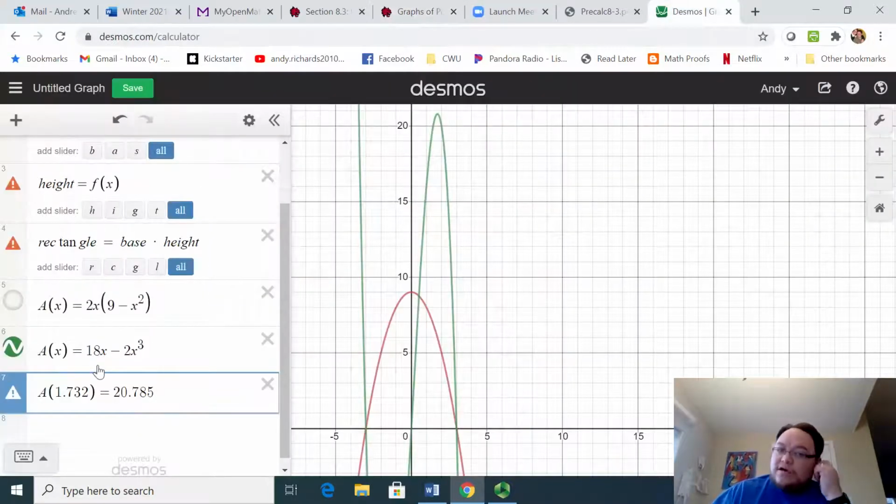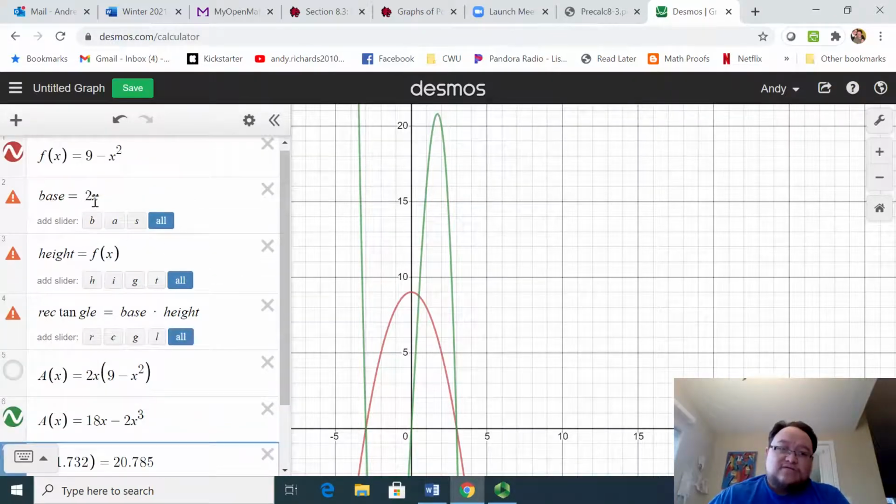Well, if we go back to this, this is our x value, right? So A of x, our inputs are this thing. Our total area is going to be this. So when we pick the distance from x to be this 1.732, we end up with the maximum area of 20.785.